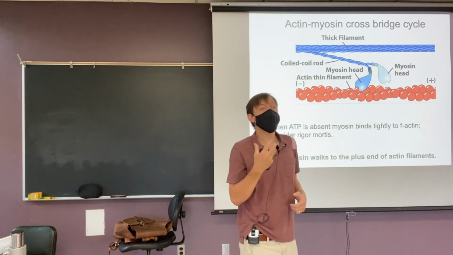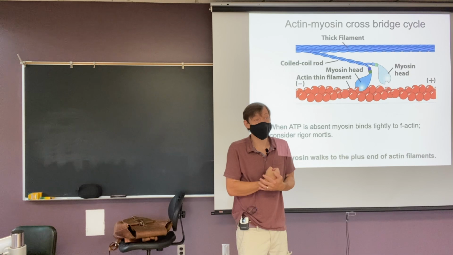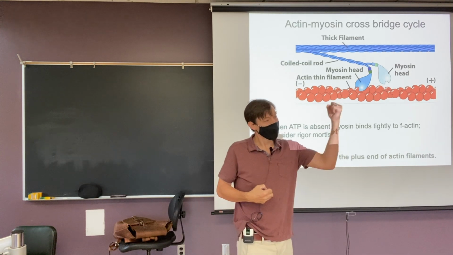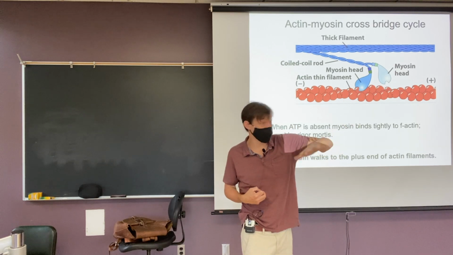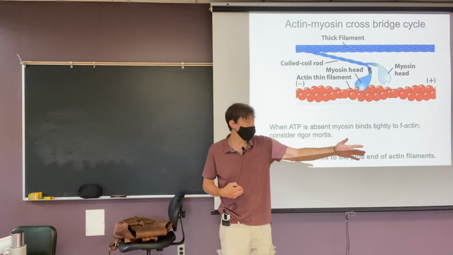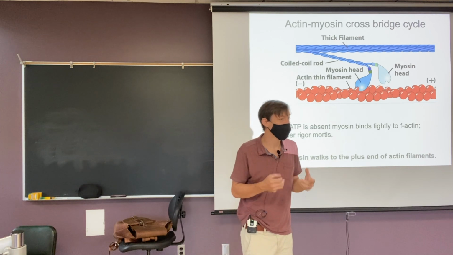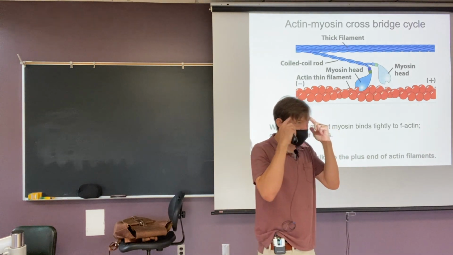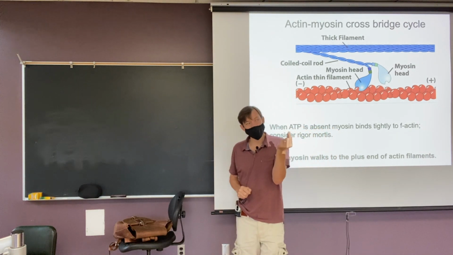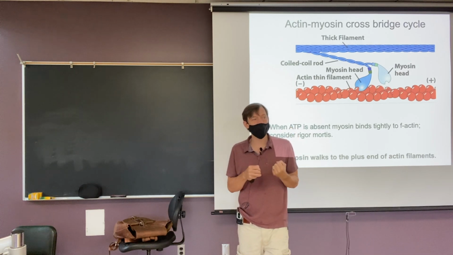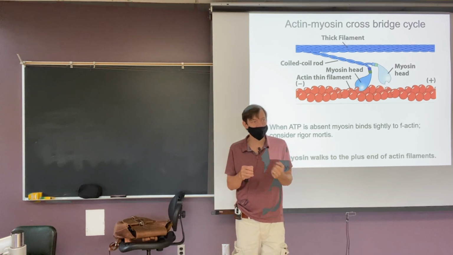And how much ATP is being generated when something dies? Not a lot. So ATP is now, for the most part, absent, and there's going to be a high concentration of ADP. If you keep that one idea in your head, when ADP is present, muscles are locked together, I think that's the place to start with the cross-bridge cycle.